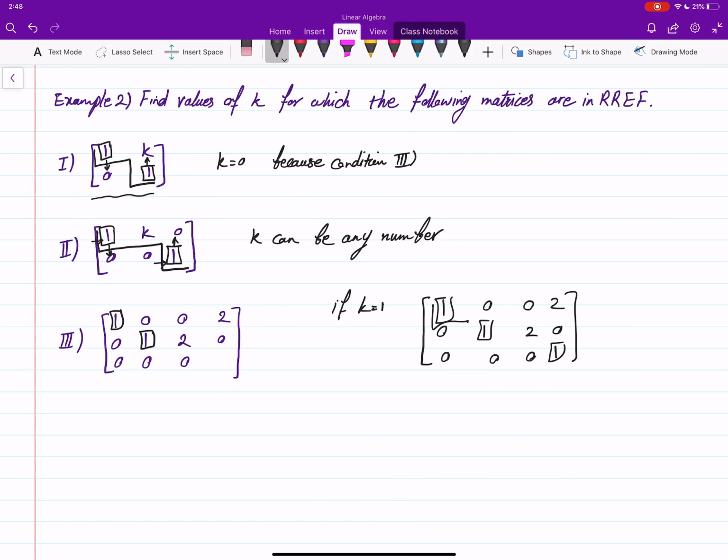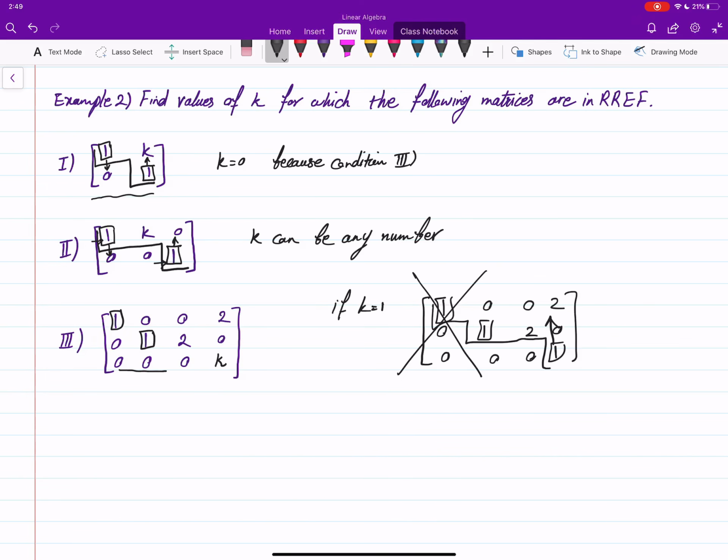We have the pattern we are looking for, but the column condition is not satisfied here. Everything in the column of a leading one must be 0. Here there's a 2, so k cannot be 1. How about 2 or 3? It cannot be, because the first non-zero entry of each row must be 1.